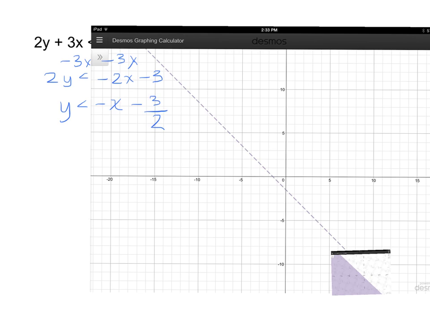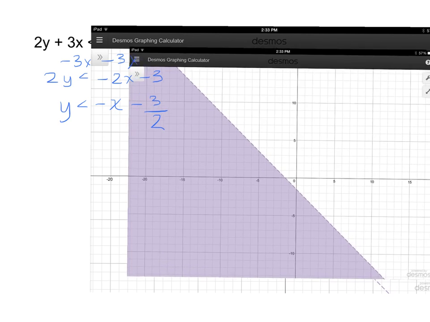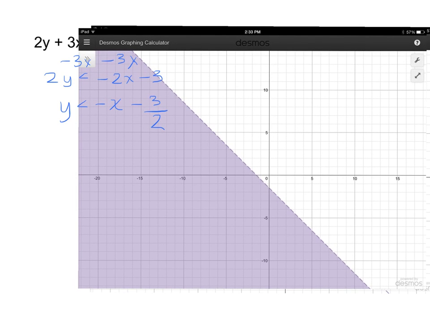Anybody know why this one's dotted? Because it's not equal to. This one is just less than, not less than or equal to. So it doesn't include the points that are on the boundary line, because those are the ones where it's equal. So then you shade and you end up with this graph.